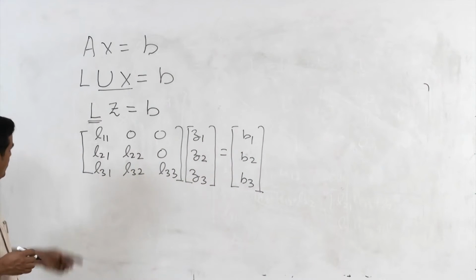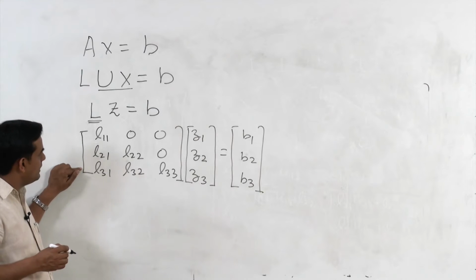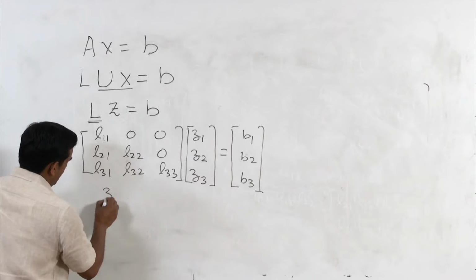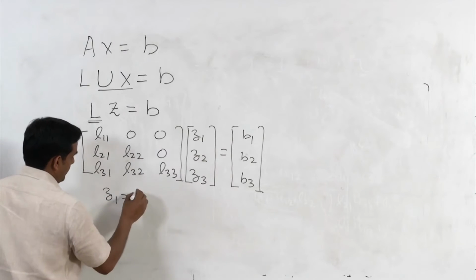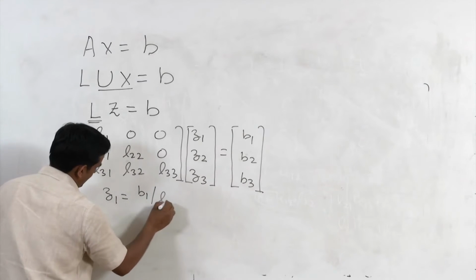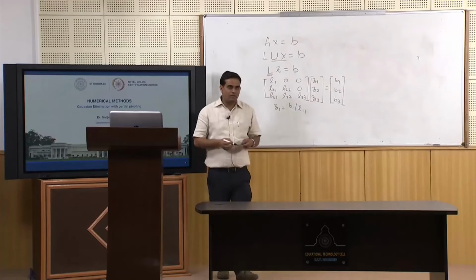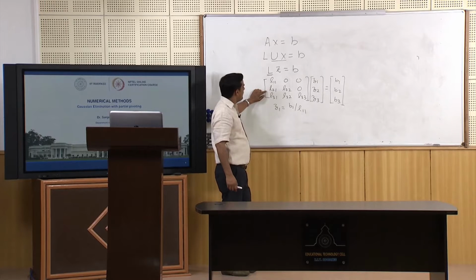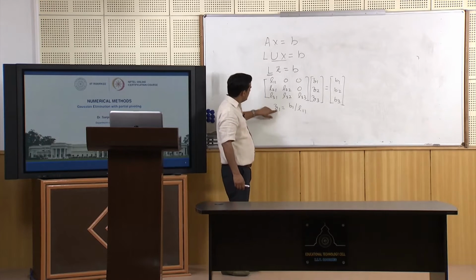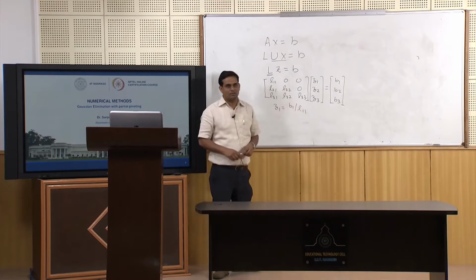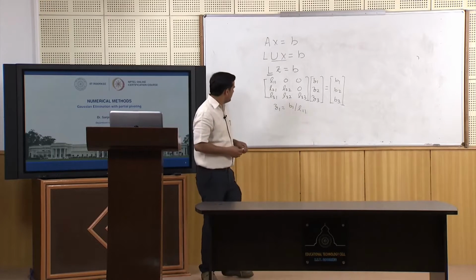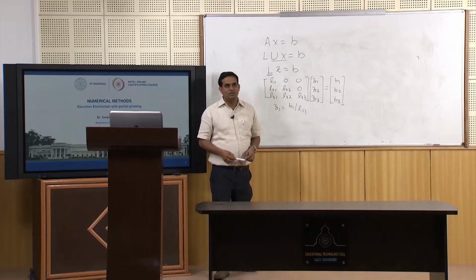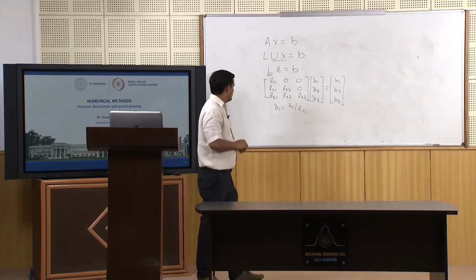So, what can I do? It is a lower triangular matrix. So, from the first equation it gives Z1 equals B1 upon L11 directly. Now, in the second equation I will substitute the value of Z1 and I will get the value of Z2. Similarly, from the third equation I will substitute the values of Z1 and Z2 and I will get the value of Z3.